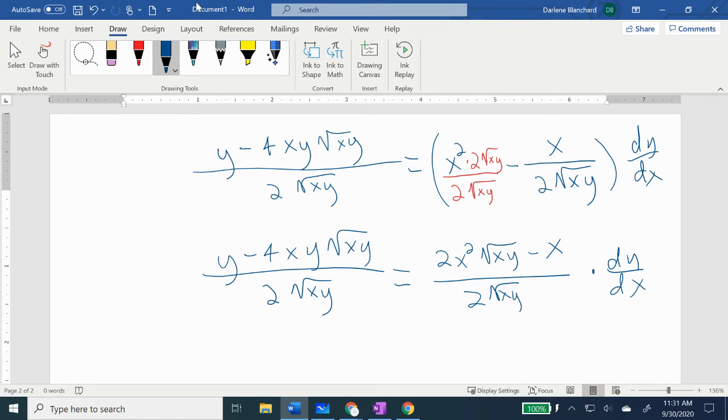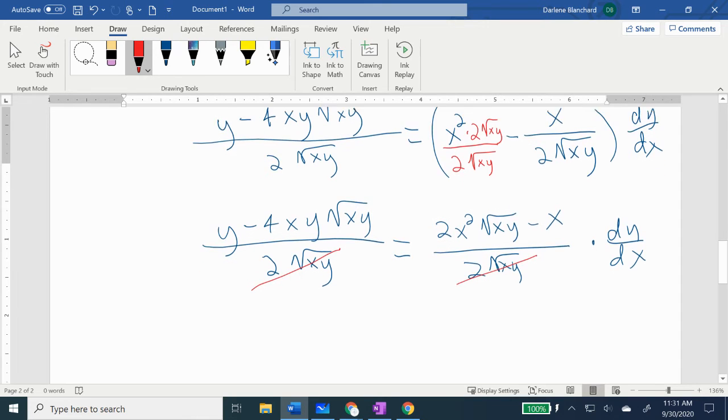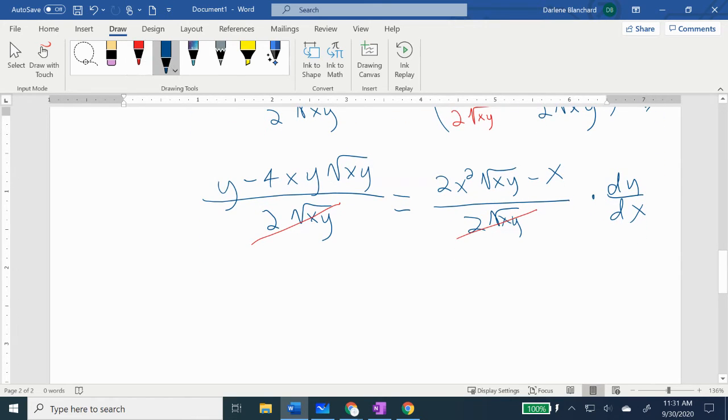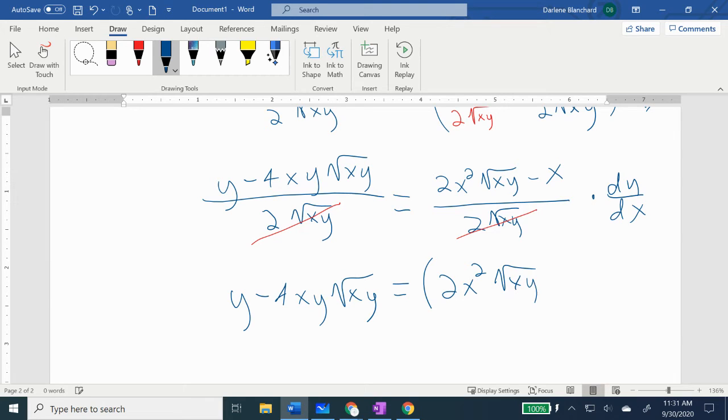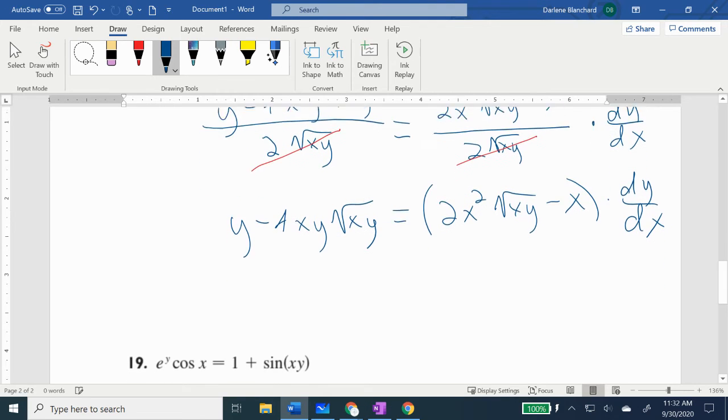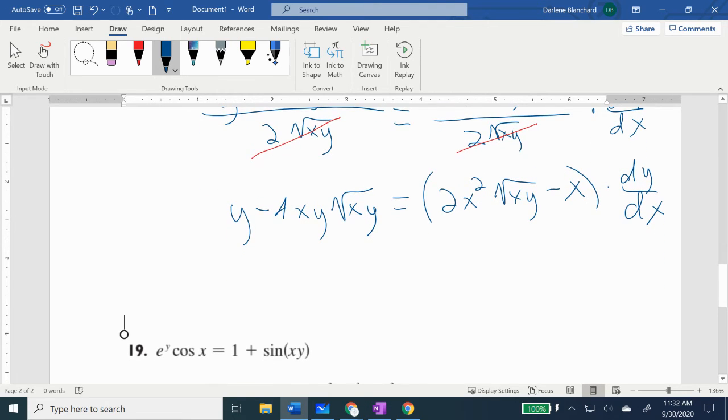Now I can multiply both sides by this denominator, and it's out of the way. And I'm dealing with y minus 4xy times root xy. And then finally, I will divide.